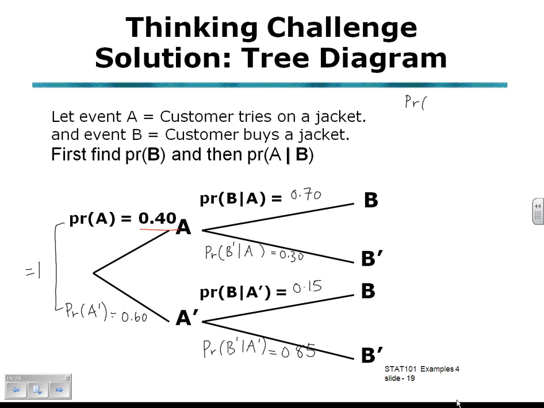Just refreshing our memory with the conditional probability formula. Probability of A given that B has already happened is probability of A intersection B divided by the probability of B itself.